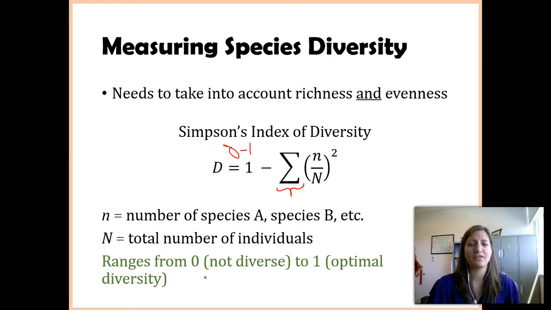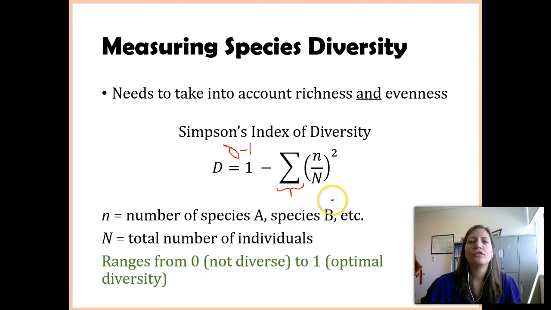Whereas 1 is like super optimal diversity. Your species are very even amongst one another, so lots of diversity and many species at that. At 0.5, you're like halfway, like, yeah, it's not bad, but it's not great.